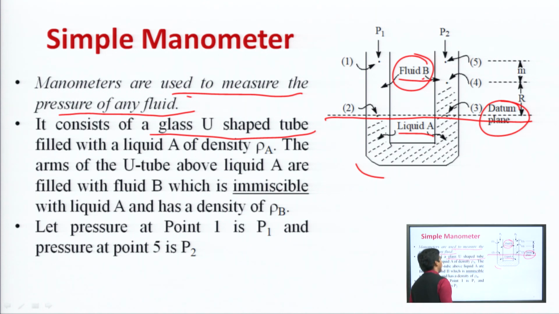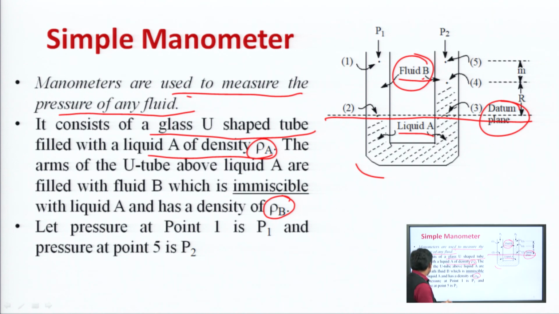So, this simple manometer consists of a glass U-shaped tube with two liquids, that is liquid A and liquid B. Liquid A has a density rho A, liquid B also has a density rho B. Both these liquids, liquid A and liquid B, are immiscible with each other.